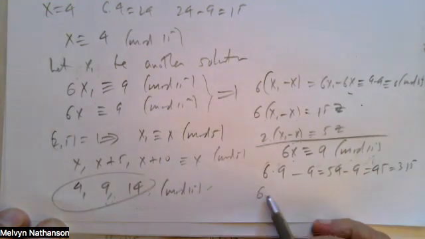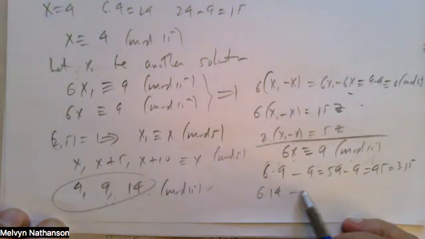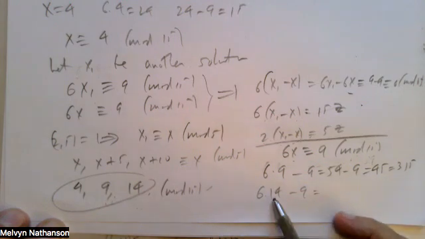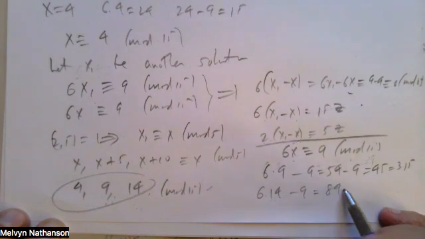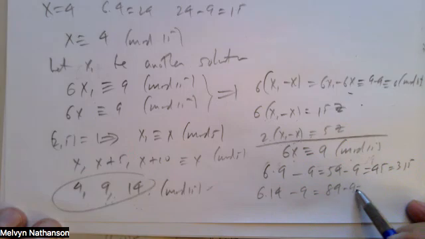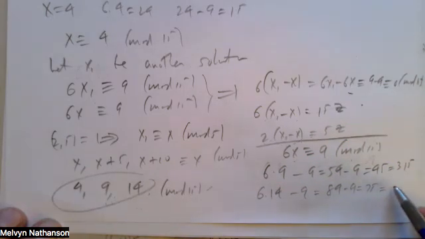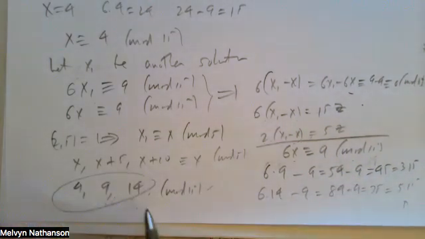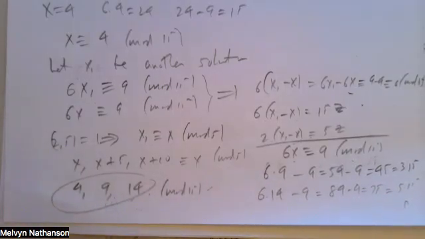What about 14? 6 times 14 minus 9. What's 6 times 14? 6 fours are 24. It's 84 minus 9, which is 75. 75 is 5 times 15, so it's a solution. So these are all solutions. There are exactly three pairwise incongruent solutions modulo 15.